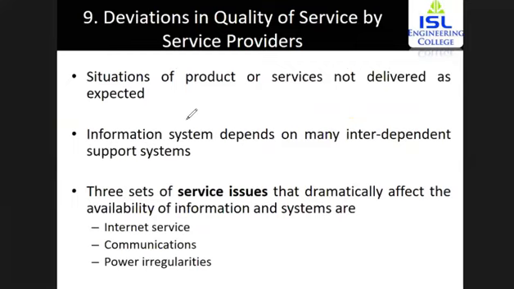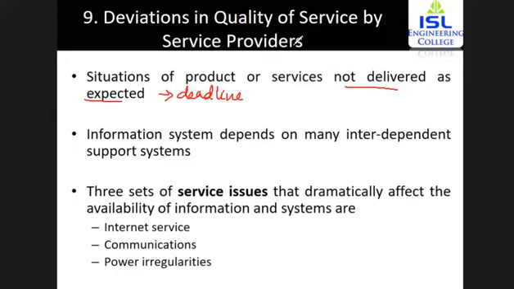The next is deviation in quality of service by service providers. This deviation in quality of service occurs when you are unable to deliver the data at the expected time. You might be making a particular software, or you need to deliver a particular hardware or software component, and you are unable to deliver the component on or before the deadline.